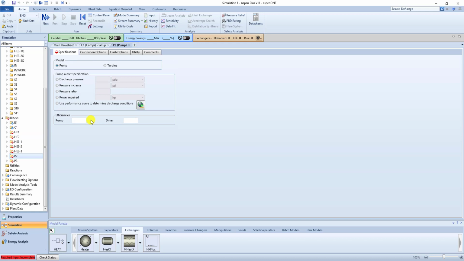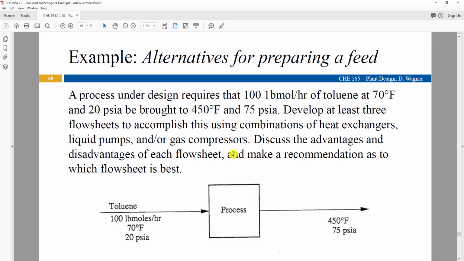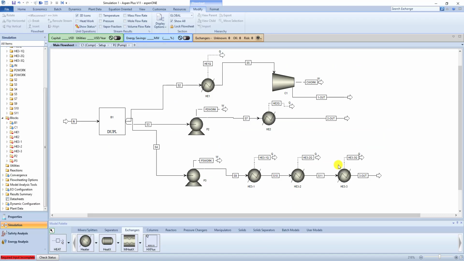I'm then going to go to pump 2. So we have a pump, and now our discharge pressure or pressure increase, we can select any of these. However, we want to select discharge pressure for both pumps, but we have to work backwards in order to do that. So for 1 out, 2 out, and 3 out, all the specifications are the same, of 450 Fahrenheit and 75 psi, which means we have to work backwards.